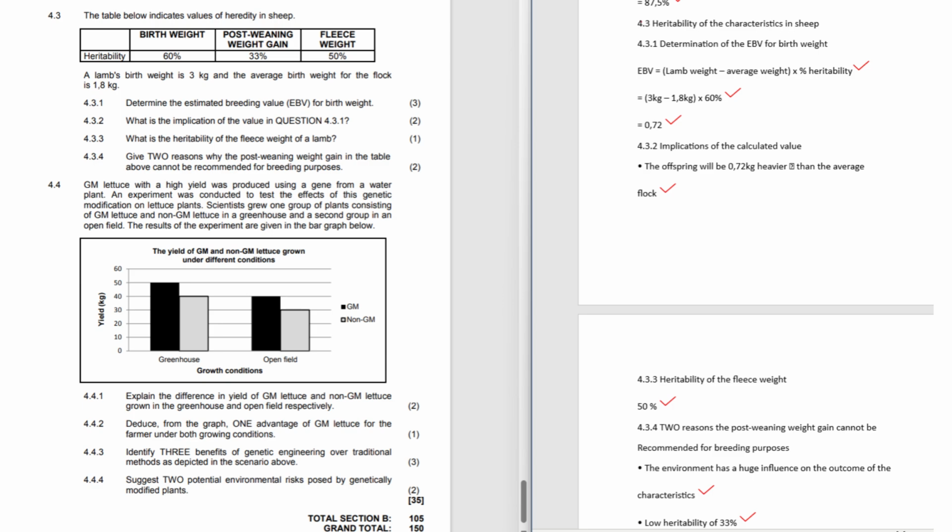Now we take 1.2 times the heritability of the birth weight, which is 60%. Then we're going to get the answer, which is 0.72. So far, you can see all we're doing there.